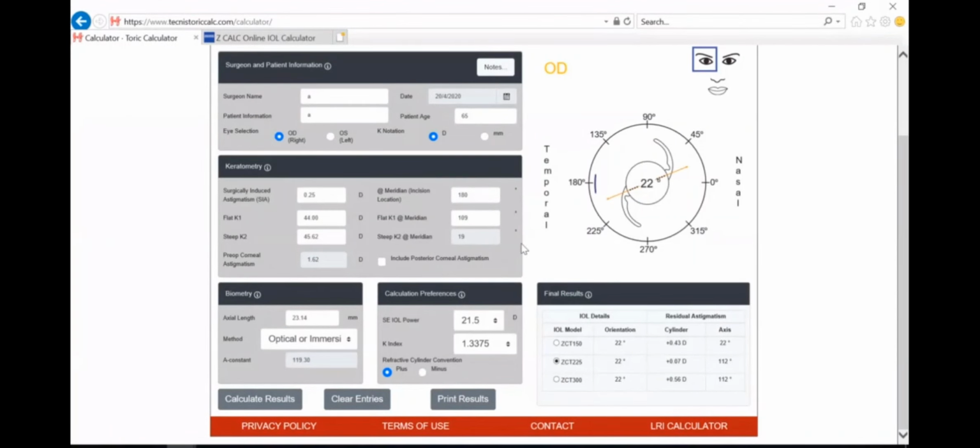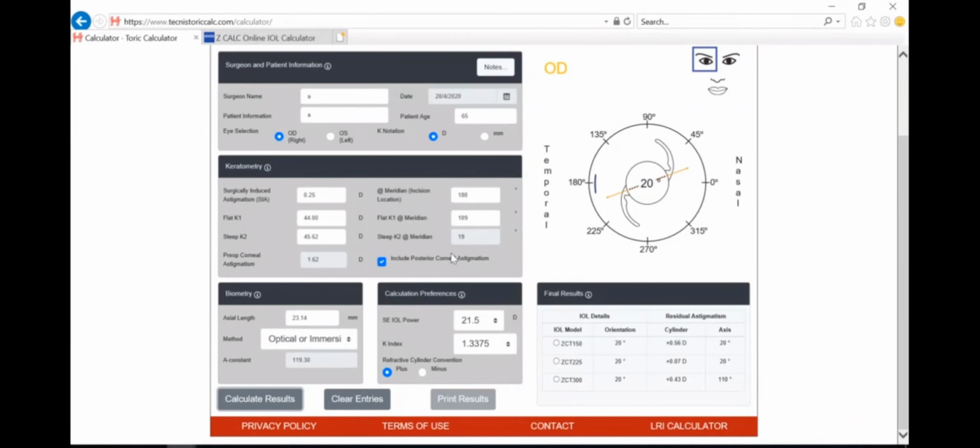The other thing to consider is posterior corneal astigmatism. So when you choose posterior corneal astigmatism here, what it does is that it incorporates the PCA into the calculation. So when you talk about posterior corneal astigmatism, we're talking about an average of against-the-rule astigmatism of 0.3 diopters, right? So if you look at the original astigmatism, it is against the rule.